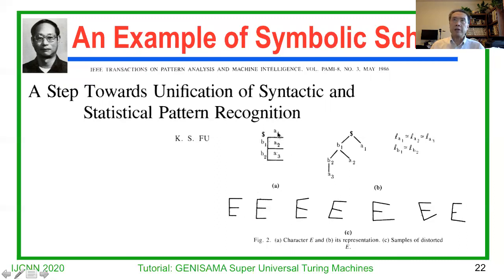Then you have H, also H, and they are linked through a tree-like structure, all right? And because it doesn't fit very well, you have a probability. So that's called the Symbolic School. The Symbolic School always has probability. Later on, we have reinforcement learning, still symbol-based.